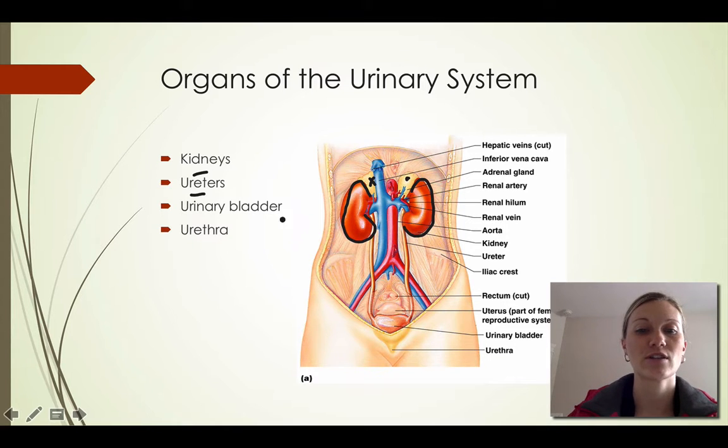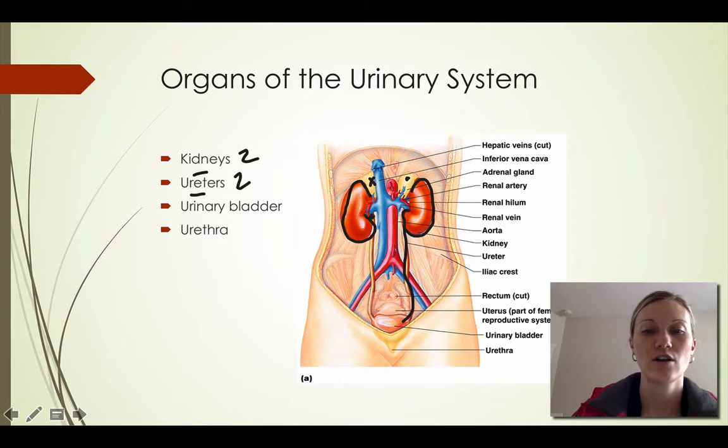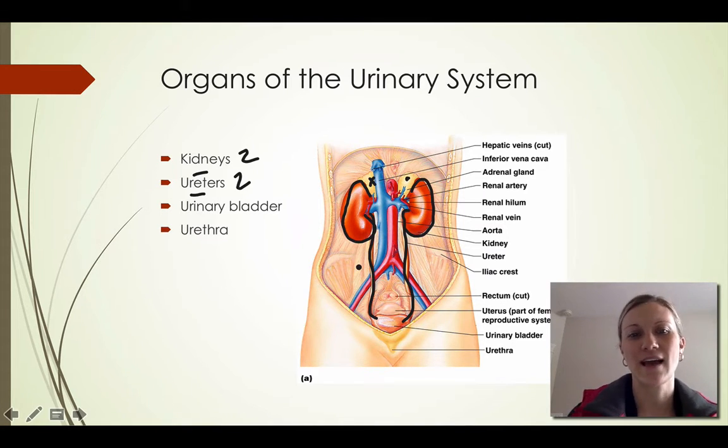The ureters are tubes that connect the kidney to the urinary bladder. You have two kidneys, and you have two ureters, a ureter on both the left and the right side, and it's basically the way to get that fluid from your kidney to your bladder.